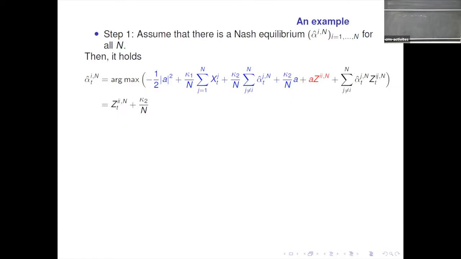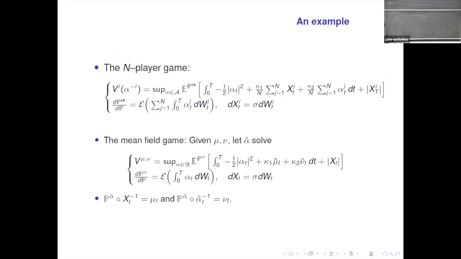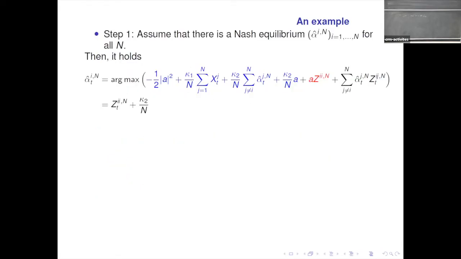The blue part is nothing but the running cost in this game. And the red part here is the drift times the adjoint process. And this black part is, again, the drift times the adjoint process, but here I just isolated the term coming from the effort of the other players.